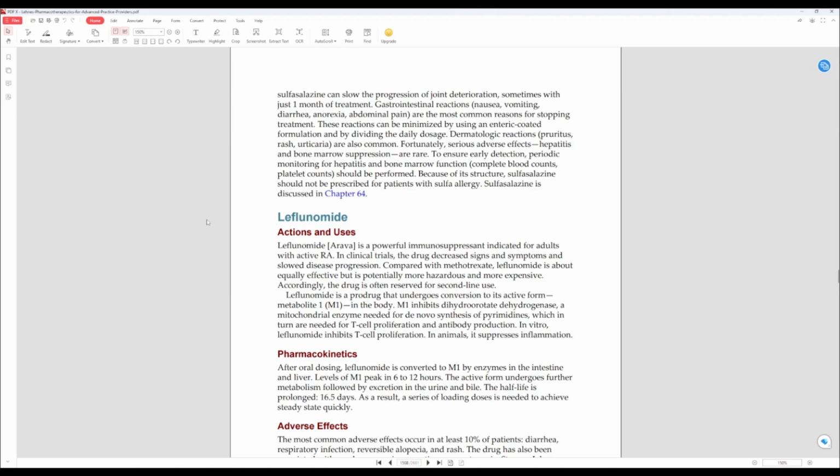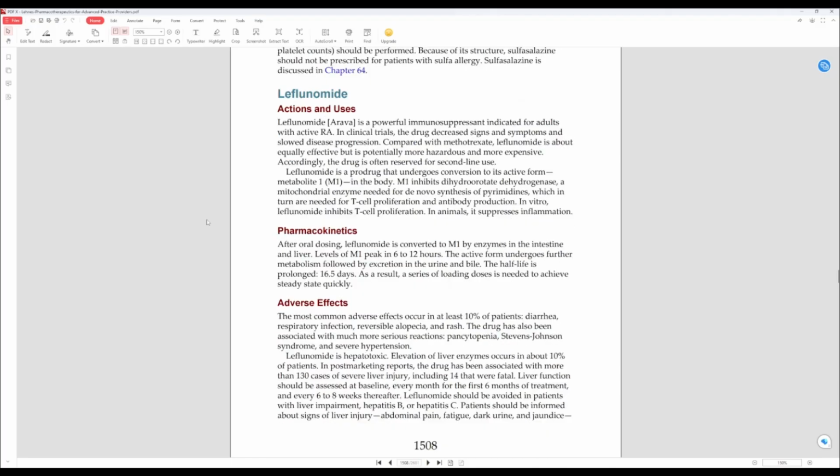Fortunately, serious adverse effects, hepatitis and bone marrow suppression, are considered rare. To ensure early detection, periodic monitoring for hepatitis and bone marrow function should be performed. Because of its structure, sulfasalazine should not be prescribed for patients with a sulfa allergy. Sulfasalazine will be discussed further in Chapter 64.